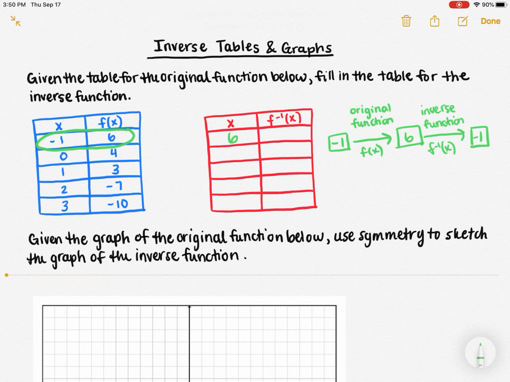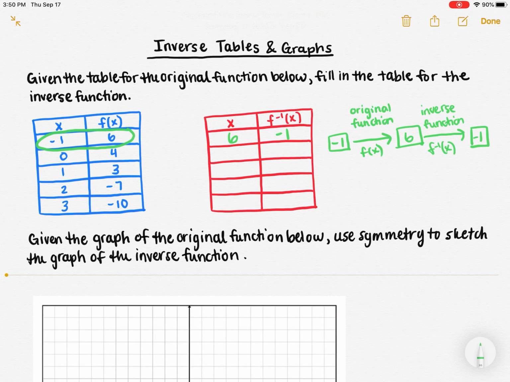So once again, the original function is doing some steps. We don't even know what the function is. It doesn't really matter. It's doing some original steps to -1, and it's getting out 6 as the output. So if I take 6 and put it through my inverse function, which does the opposite and reverse steps to undo those original steps, it's going to give me back my original input. So my output for the inverse is that original input, which is -1.